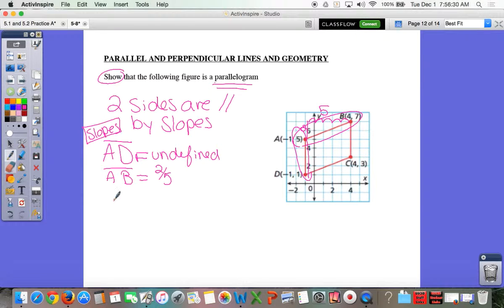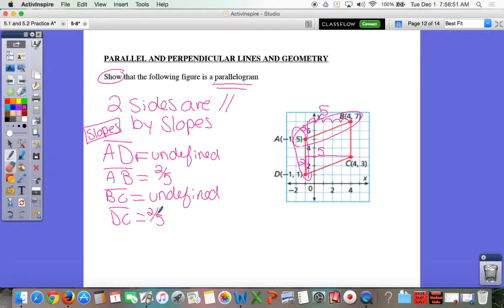Now let's go down. BC equaled another vertical line, undefined. And last but not least, DC, you went up 2 to the right 5, so you have 2/5.